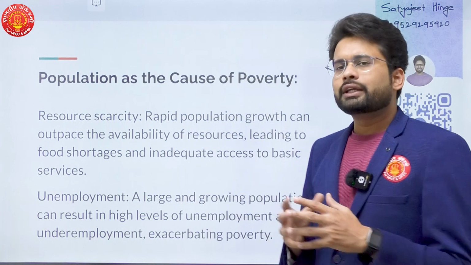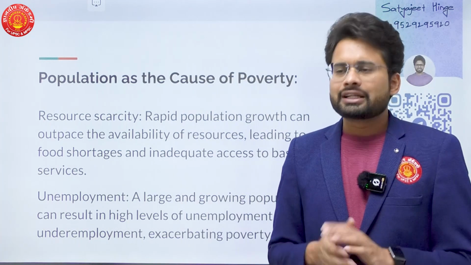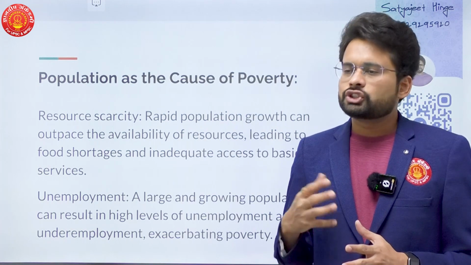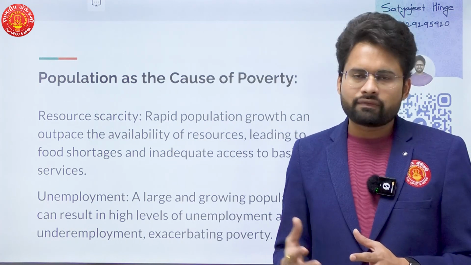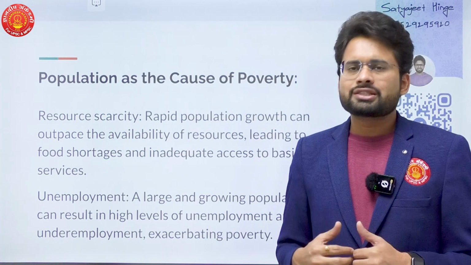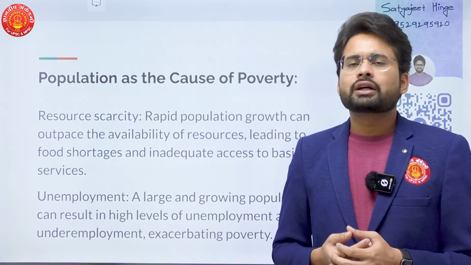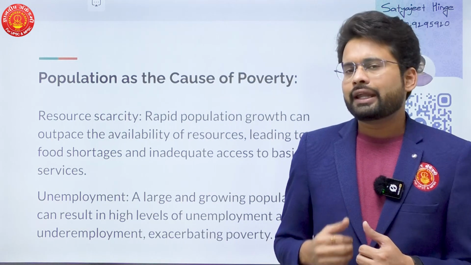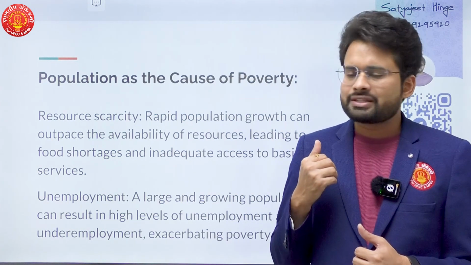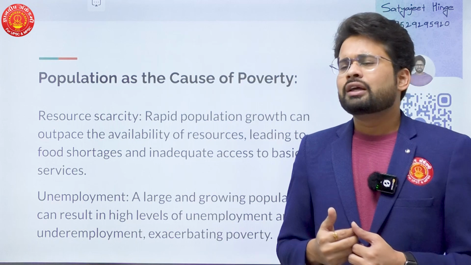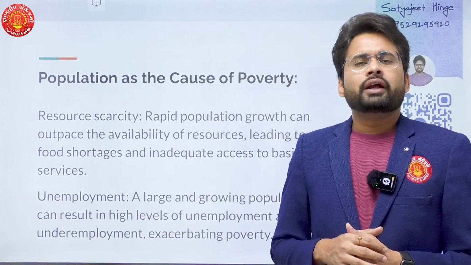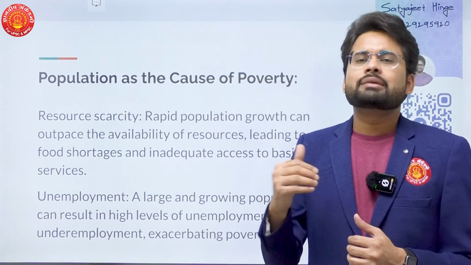As you can observe in any economy or any country, the resources are limited. The resources like minerals, jobs, employment, health and education facilities. And as the population starts increasing, the crunch or the stress on the resources increases. The rate at which we are generating services like health and education, the rate at which we are generating employment, is much lower than the increase in the population.